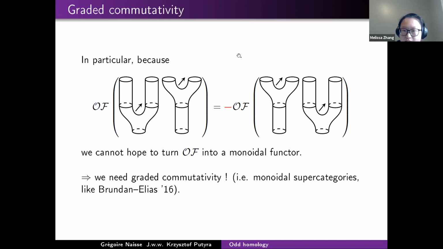We have another question. Sorry, I'm scrolling up. Is there some kind of cocycle that measures the defect of this being an honest TQFT? I mean, when you do your cube of resolution, there will be one.